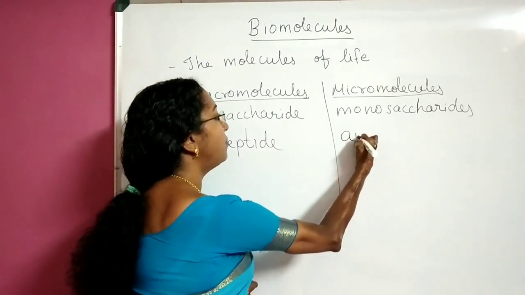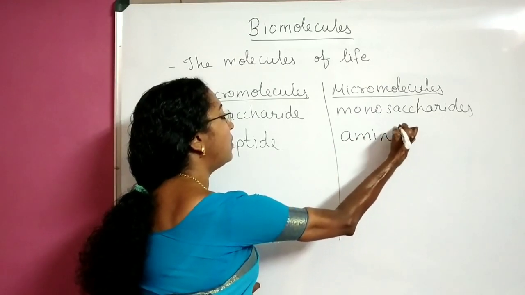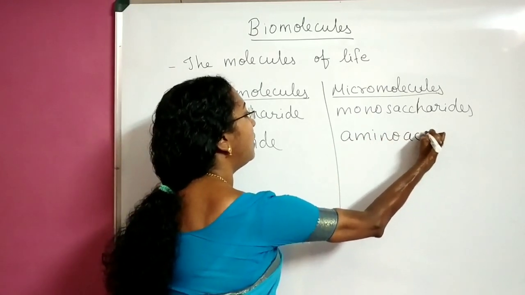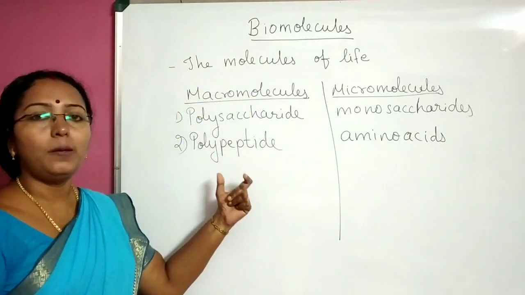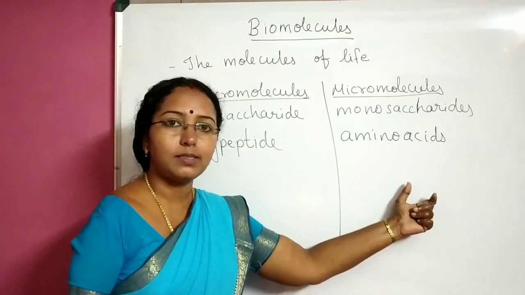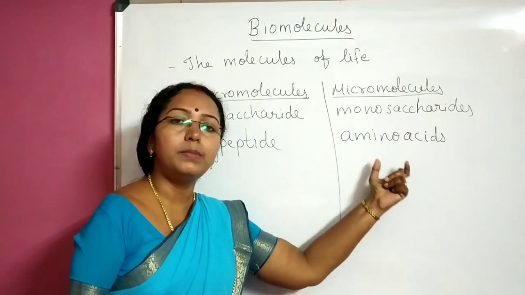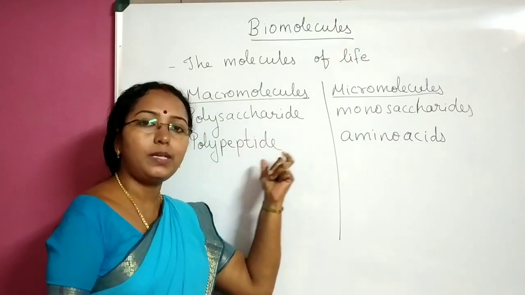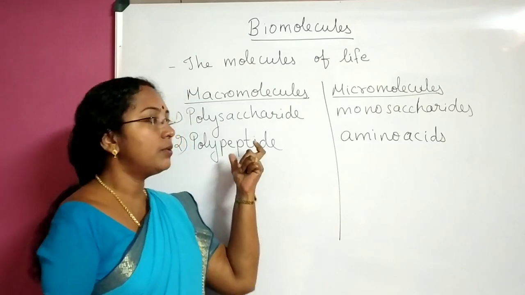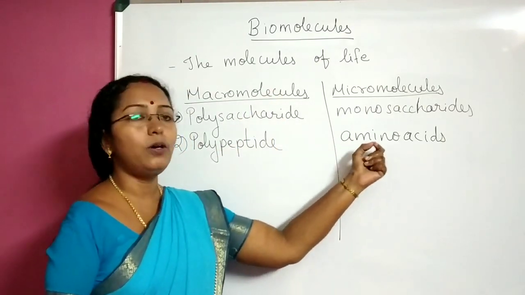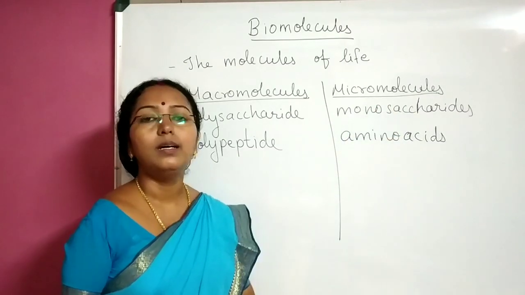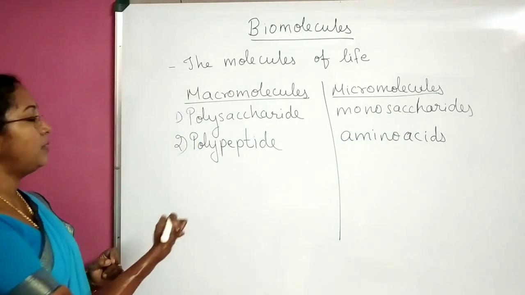It is made up of single units called amino acids. Amino acids are the building blocks of polypeptides or proteins. So the polypeptide is a macromolecule, and the small building blocks, the amino acids, come under micromolecules.